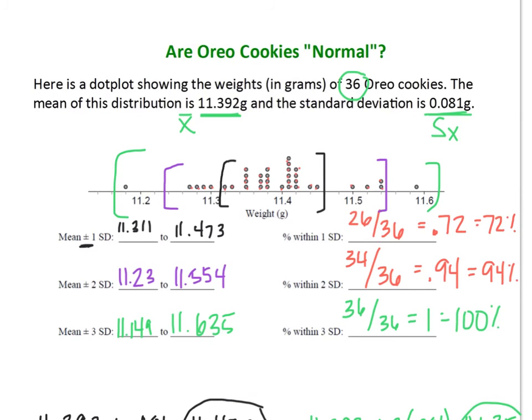So this is looking at the 68, 95, 99.7 rule. 72% of my data, which is really close to 68%, is within one standard deviation, 94% is within 2, and 100% is within 3. Since those are close to 68, 95, 99.7, we can say that Oreo cookies are approximately normal.